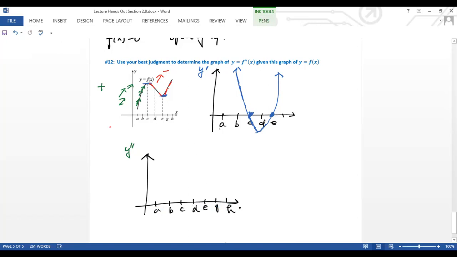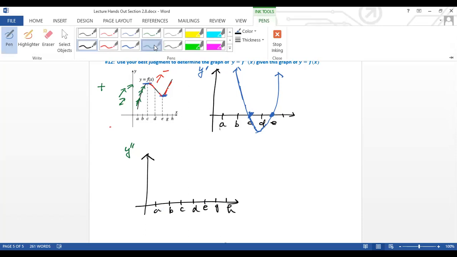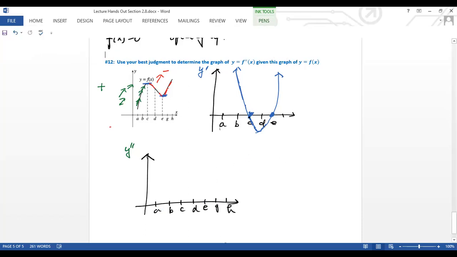Of course, it's not necessary to be exact because we don't have the true function, but instead use your best knowledge. Remember f double prime is the derivative of f prime. So at D, I'm going to have a turning point, which means my f double prime here has to be 0. Correct?